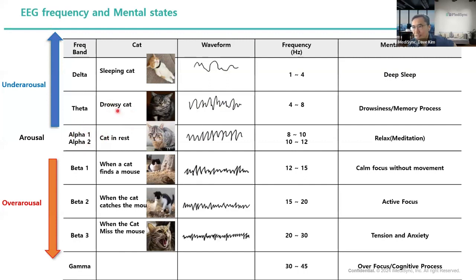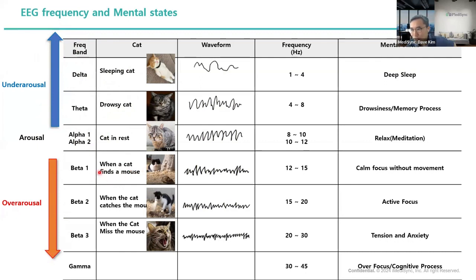When drowsy, the theta rhythm starts, and in sleeping, the delta starts. In this direction, alpha, theta, delta, it is under-arousal, and arousal is decreased. In the opposite direction, arousal is increased. We can call it over-arousal.